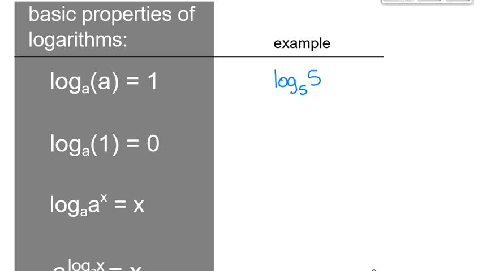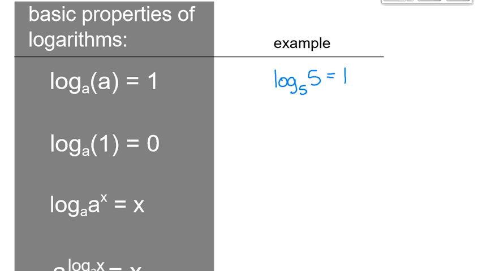It means if you take your base 5 and raise it to some power, your answer will be 5. 5 to what power? 5 to the first power is 5. And that's going to be true no matter what number this is: 5, 10, 1 million. So I'm just calling it a. If those are the same, a raised to the first is going to be a.